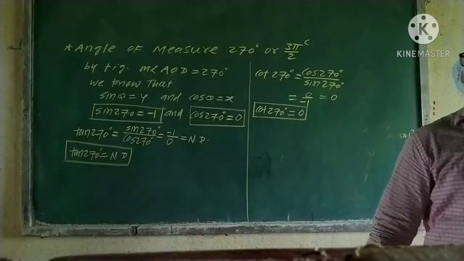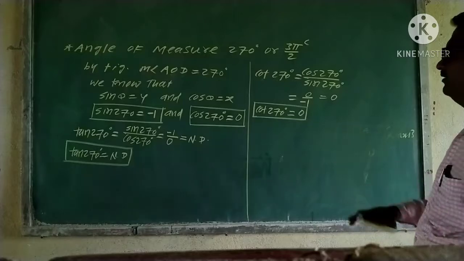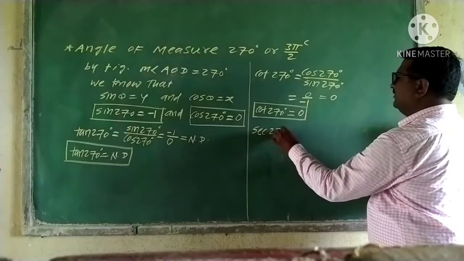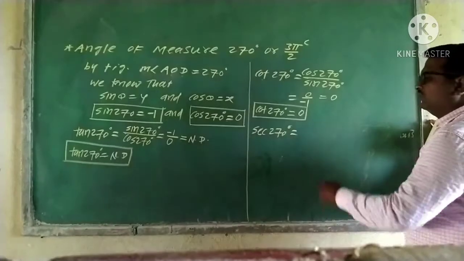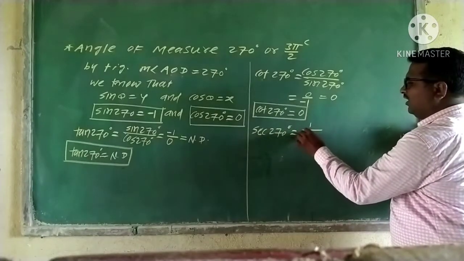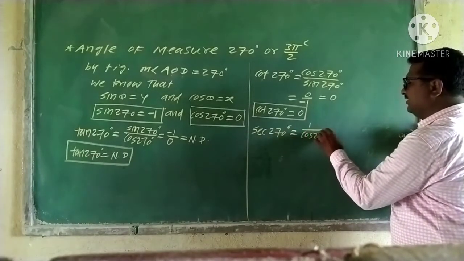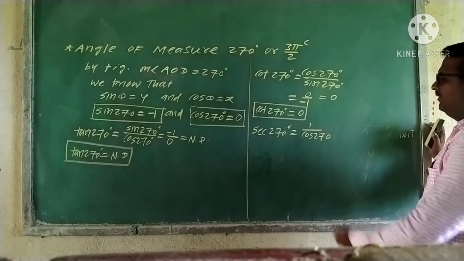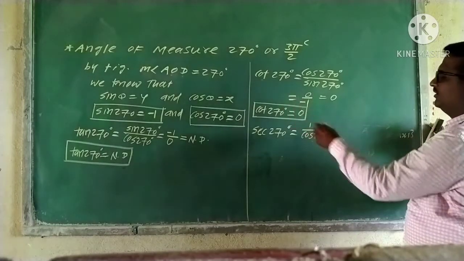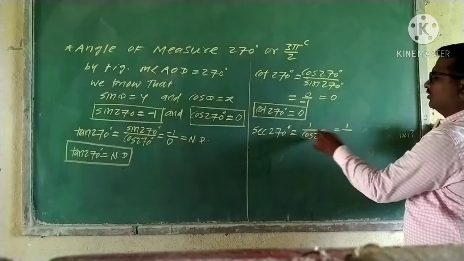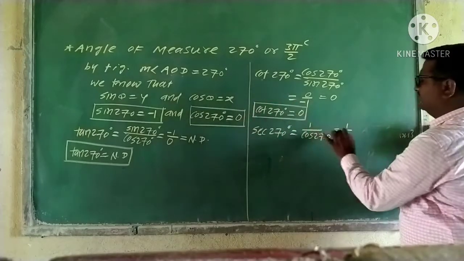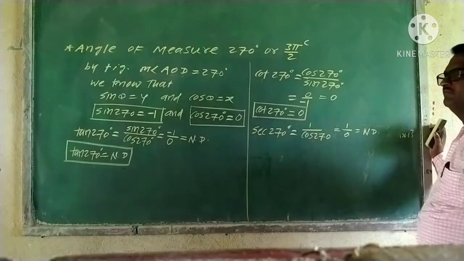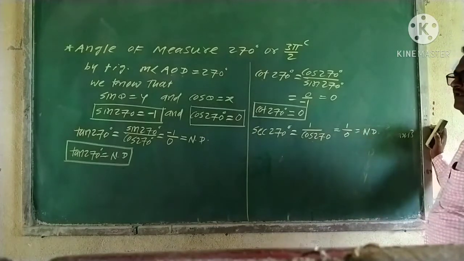Next, sec of 270 degree equals 1 upon cos of 270 degree. We know that sec of theta equals 1 upon cos of theta. Putting in the value, 1 upon cos of 270 degree is 1 upon 0, which is not defined because the denominator equals 0.